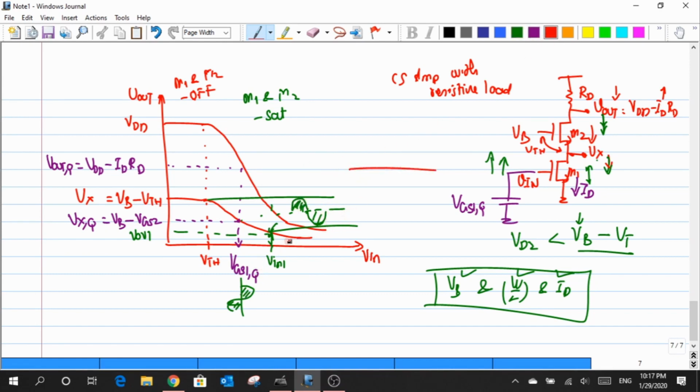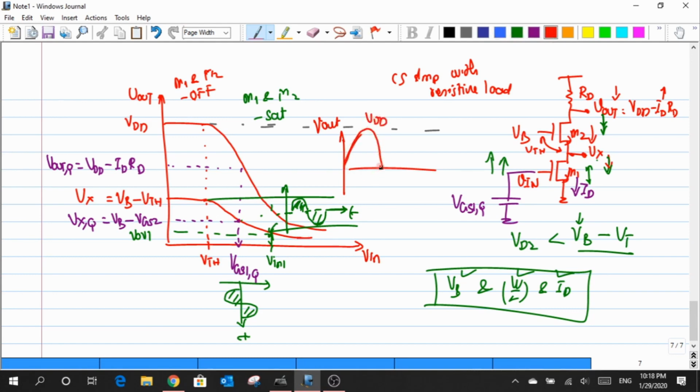Again, I'll just try to redraw the same thing. Let me use a red color to denote the change happening across my Vout alone. Whenever there is a negative swing at the input, it leads to a positive swing at the output, and that can go all the way to a topmost value, which is equal to VDD.